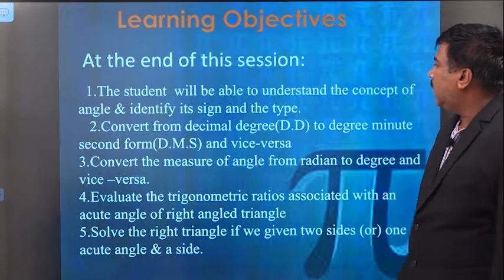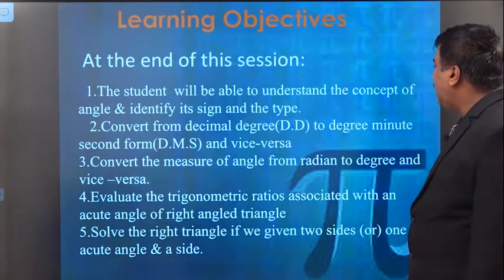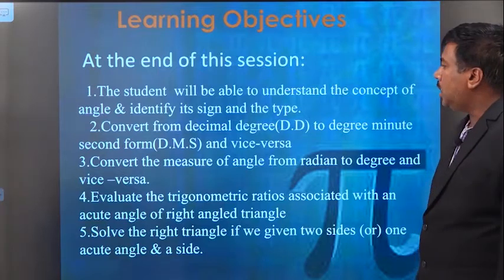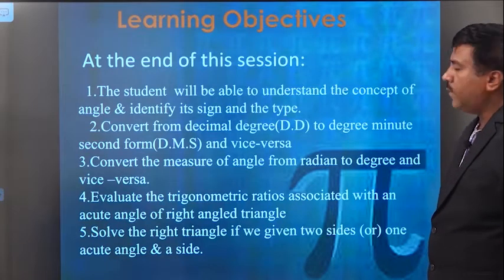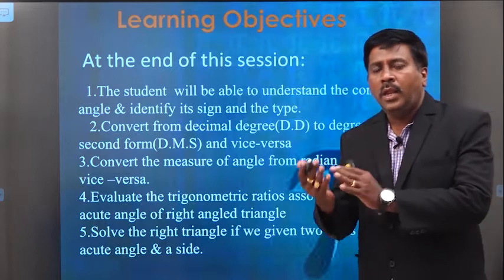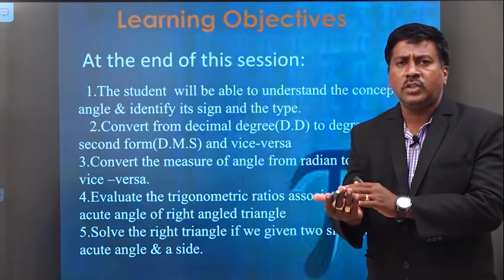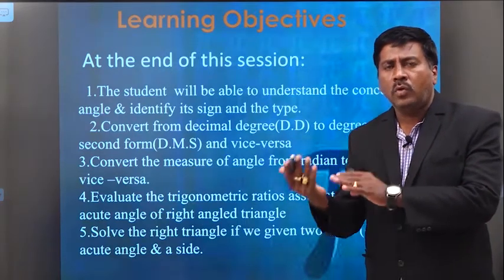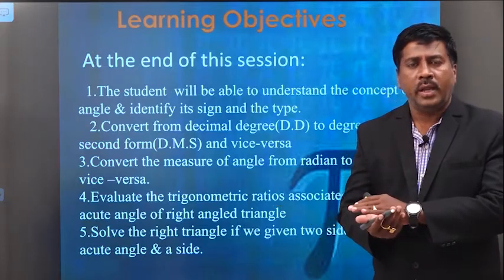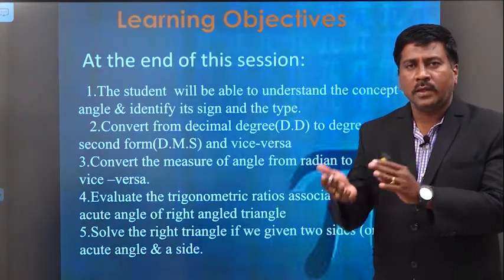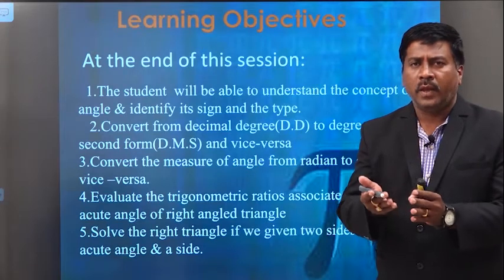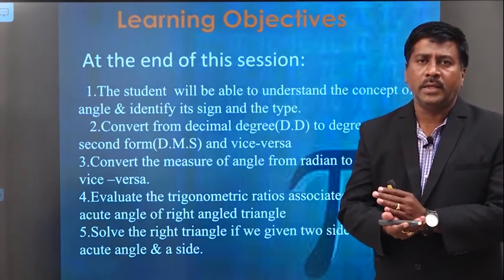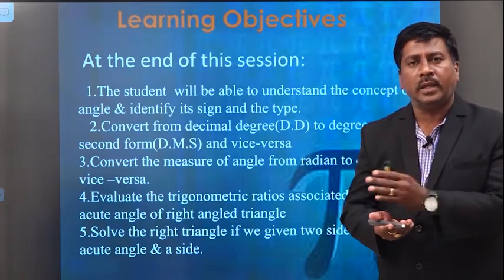Now, second one is to convert from the decimal degree to degree, minute, second form, and vice versa. That means if an angle is given in degrees, we have to convert it into radians and gradients. If the given angle is in radians, how we have to convert into degrees and gradients.